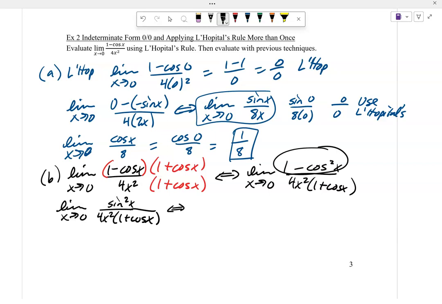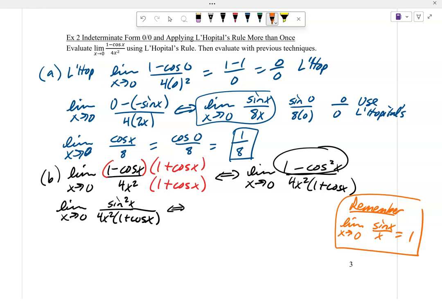So if you remember, one of the little special cases is the limit as x approaches 0 of sine x over x. Do you remember that as 1? Well, that's going to be helpful here, because I can split this up as sine x over x, times another sine x over x, times 1 over 4 times 1 plus cosine of x.